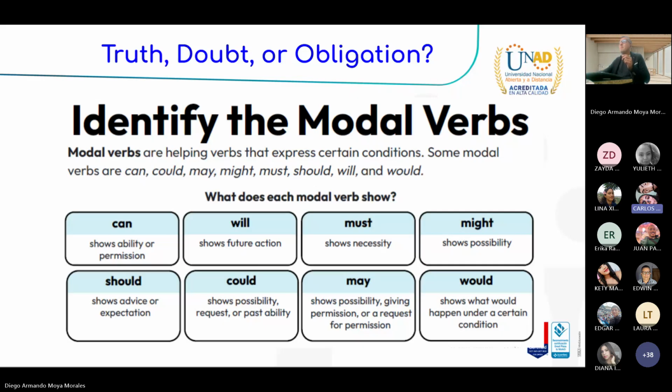Well, as I tell you, yes, modal verbs have different uses. Thank you, Lisa. Your classmates are speaking, but mine is not working. Why not?